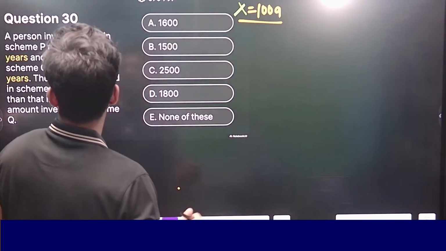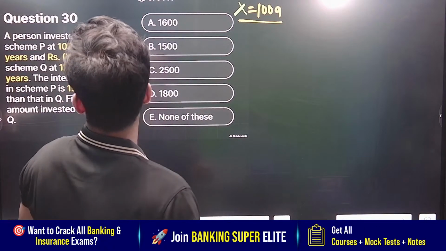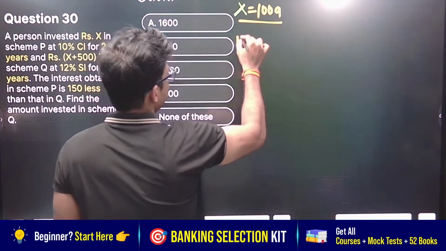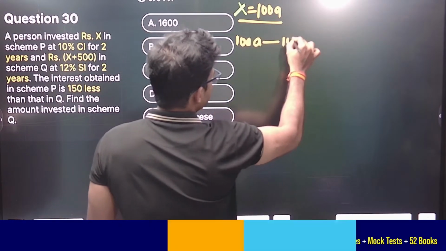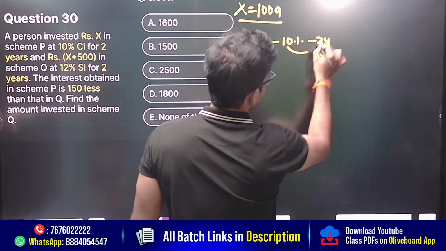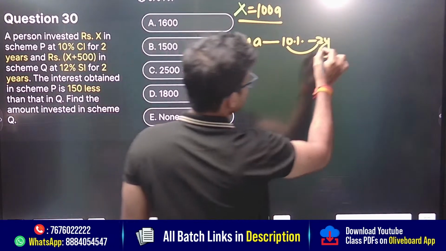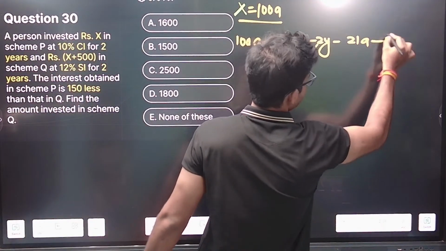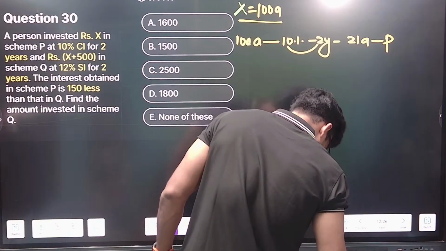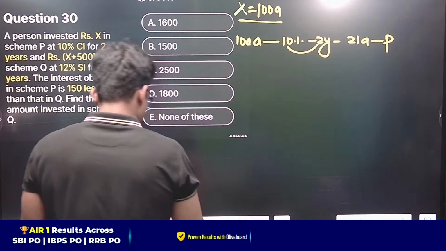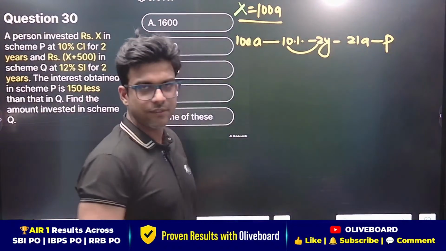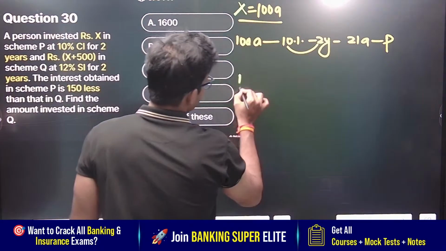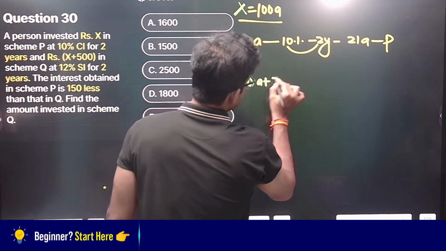It hurts me. So scheme P is at 10% CI for 2 years. Now X is 100A. 10% for 2 years is 21, so this would be 21A. And there's scheme Q, which is X plus 500, meaning 100A plus 500.